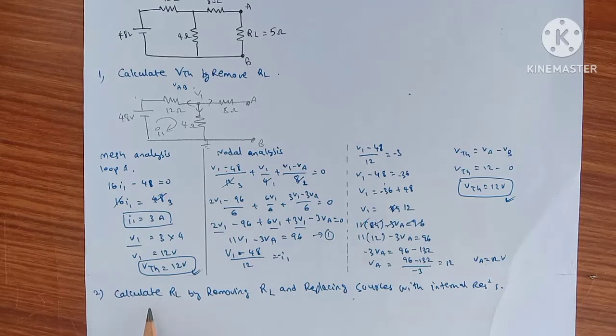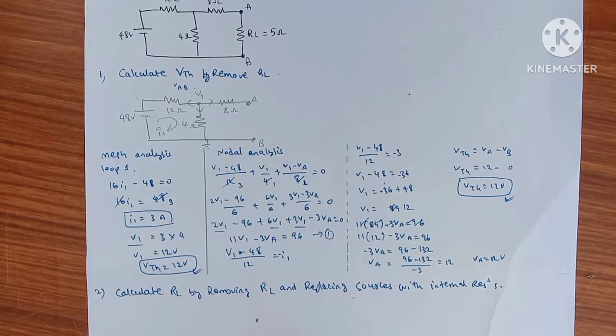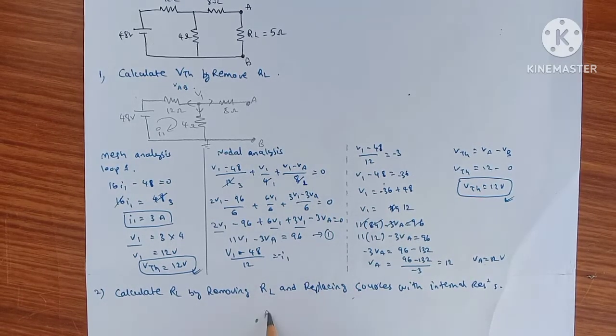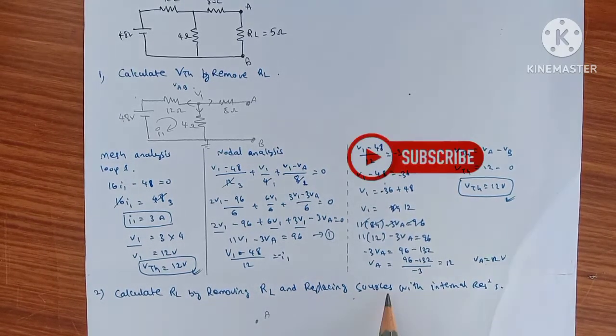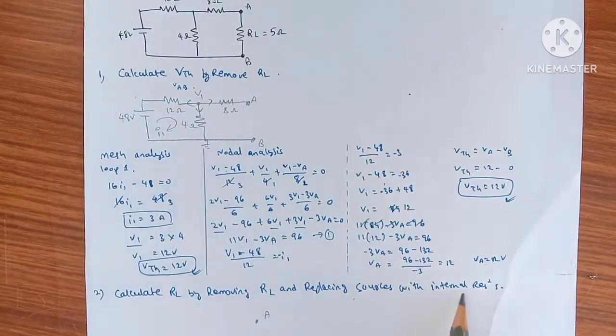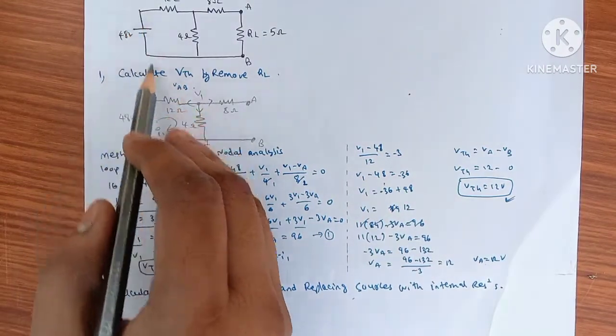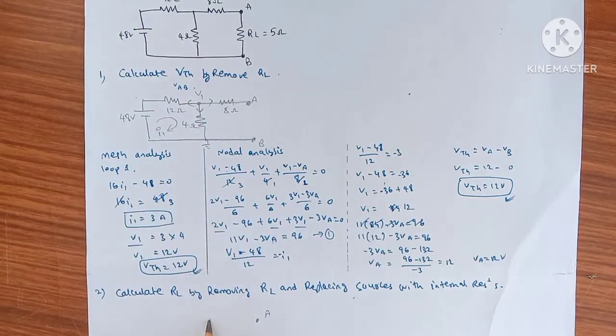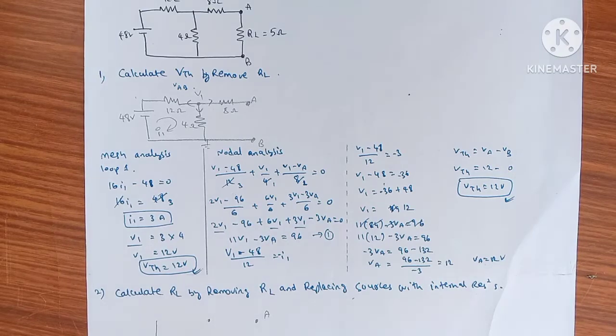So we are removing RL, this is A and B, and replacing sources with their internal resistance. Here we have a voltage source. If we replace it with its internal resistance, we obtain a short circuit between these.